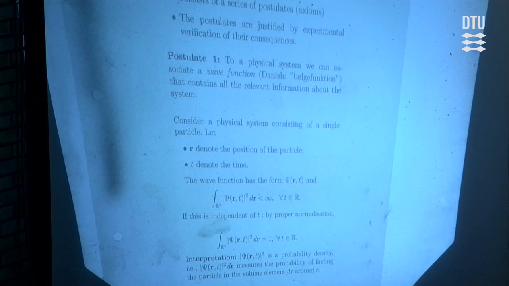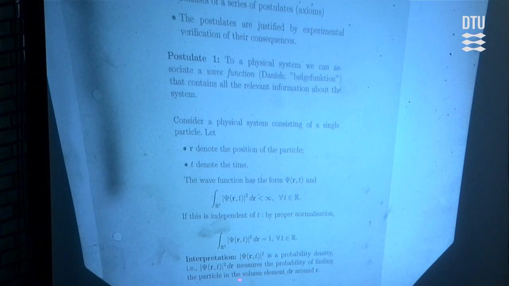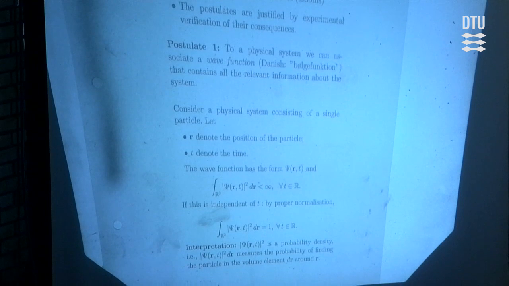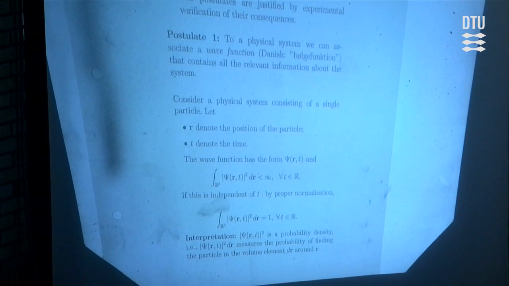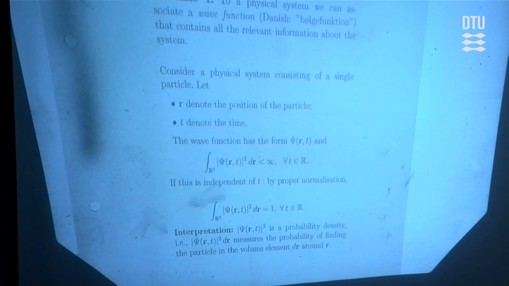And what people are doing in physics is that they say this function is a probability density, meaning that if you multiply this with a small volume element, then this measures the probability of finding the particle in this small volume element at the time t. So that means exactly this wave function will give us the probability for whether the particle is here, here, or somewhere else.